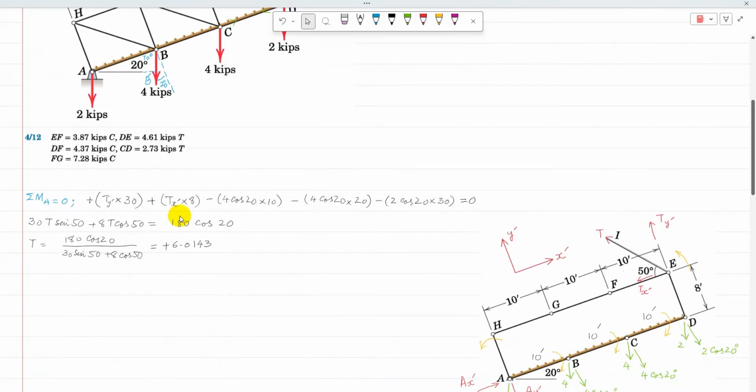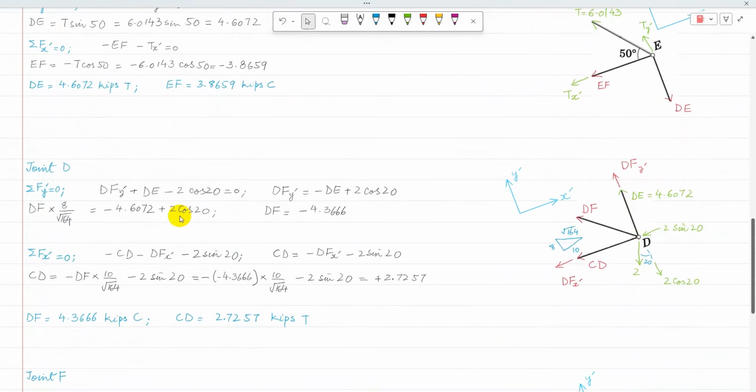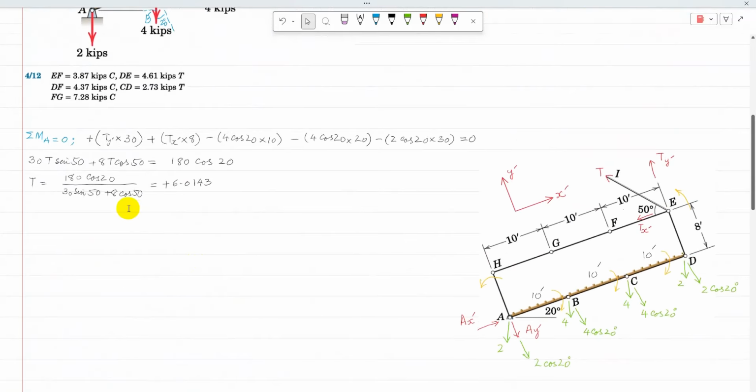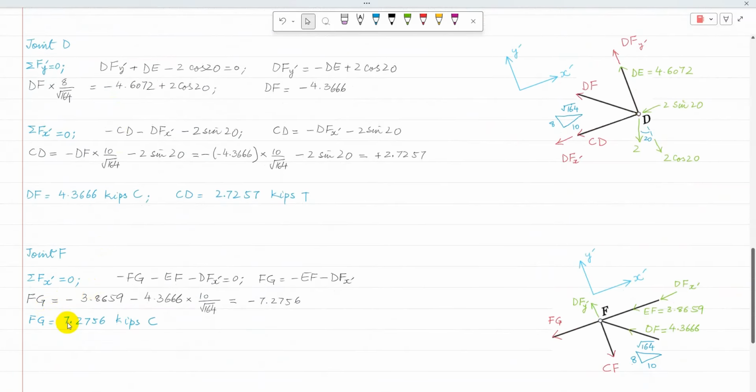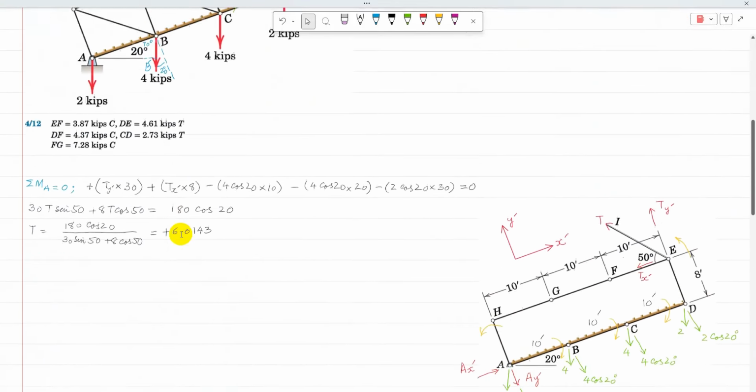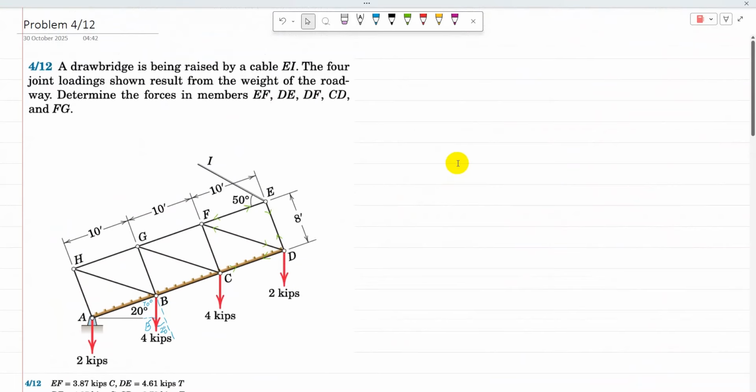CD is 2.73 tension. And finally, FG is 7.28 compression. After rounding all those, because I have used up to four decimal places, all the answers match with the book. Thank you very much for watching.